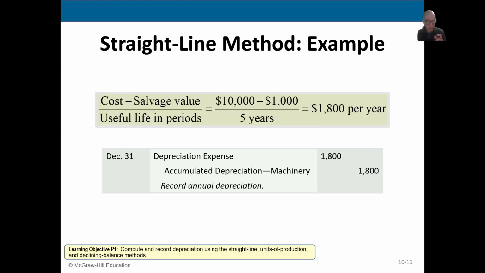It has a credit balance on the balance sheet. It contradicts the asset, in this case machinery. It's a way of us being able to depreciate without directly subtracting it from the cost we recorded on the balance sheet.